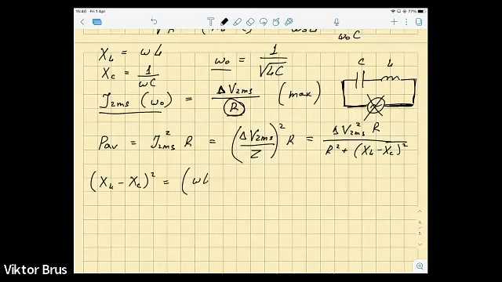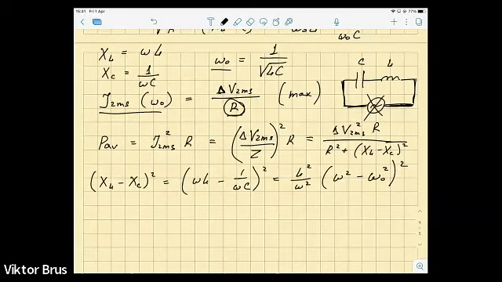So it will be (omega L minus 1 over omega C) squared. And it is possible to show that it will be L squared divided by omega squared times (omega squared minus omega naught squared), with omega naught the resonance frequency, squared.